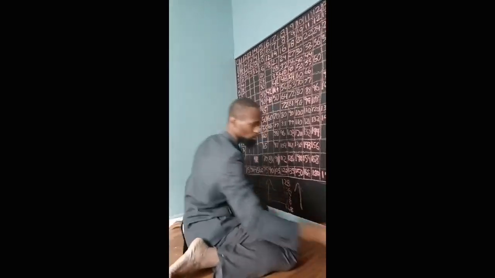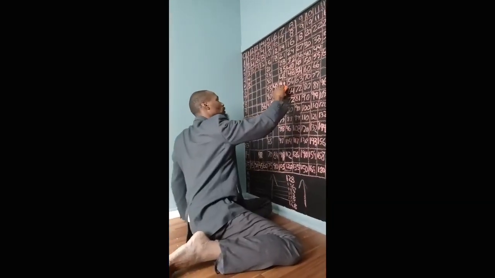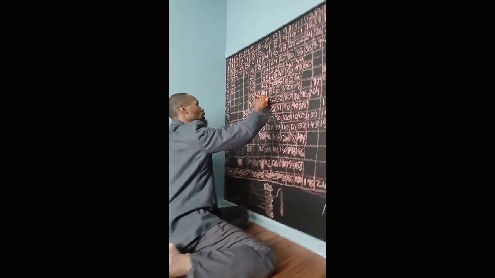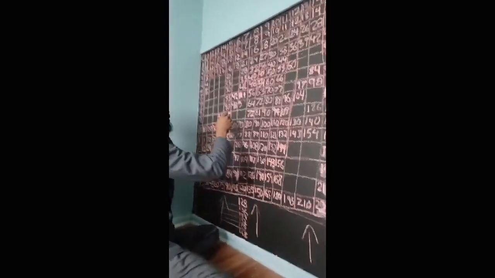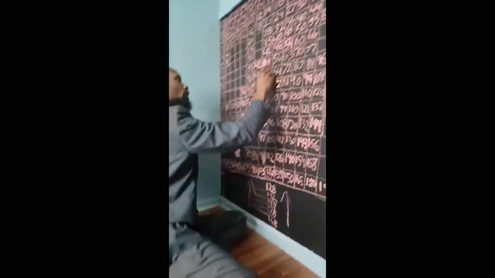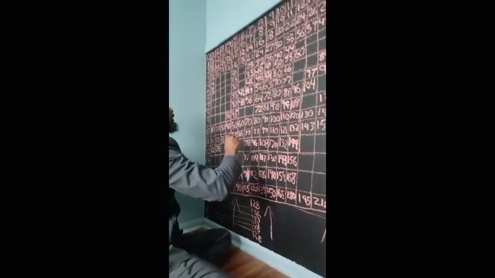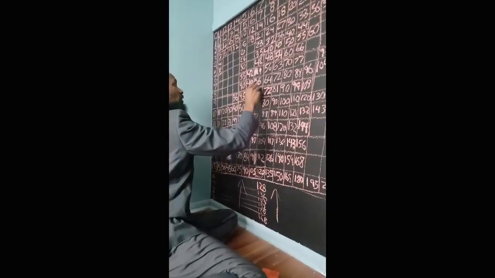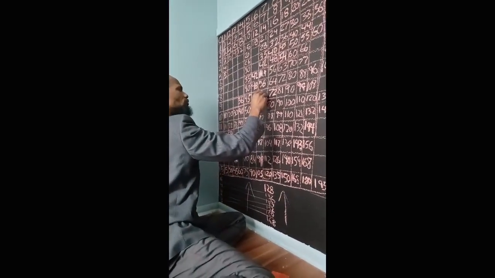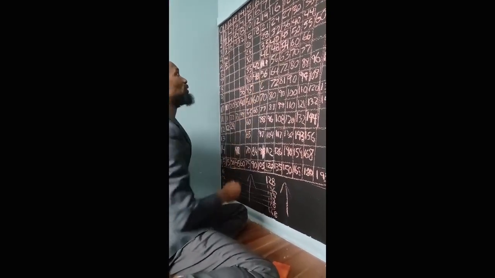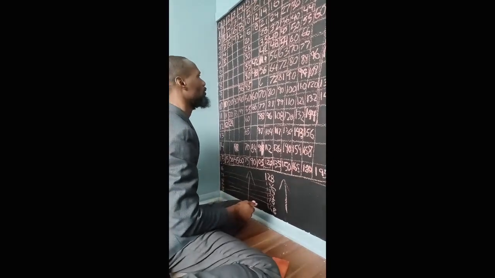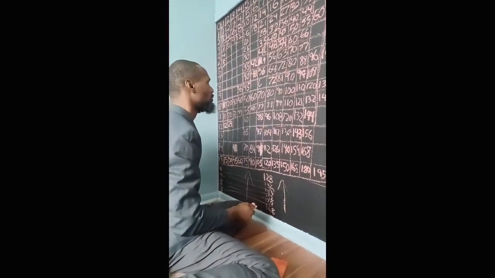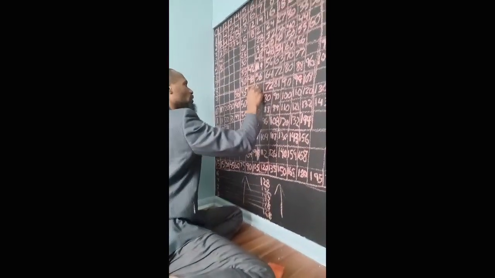Excuse me. And 7 times 9 should be 63. No. Why is that round? That's not in round, bro. 7 times 9. Yeah, 63.